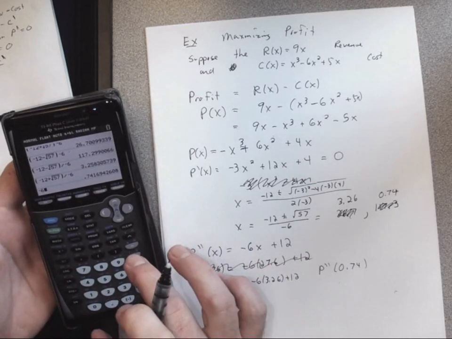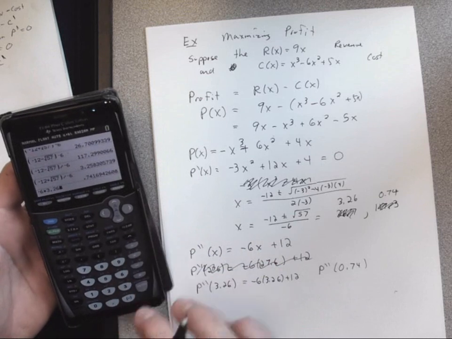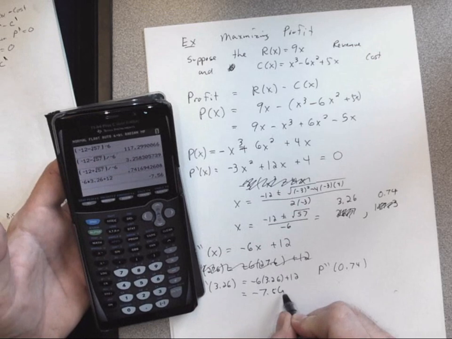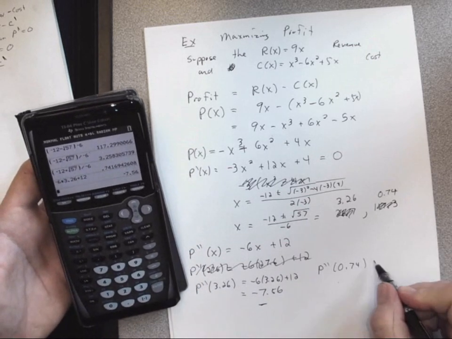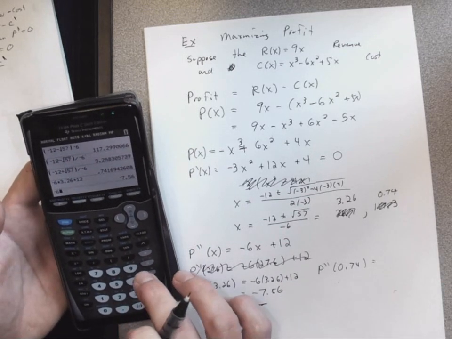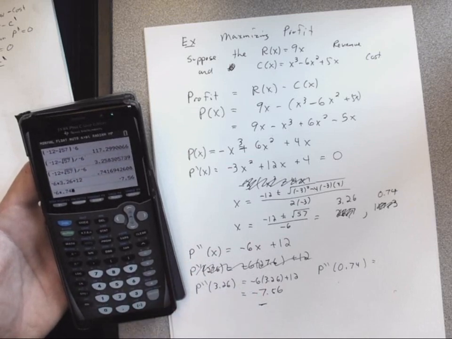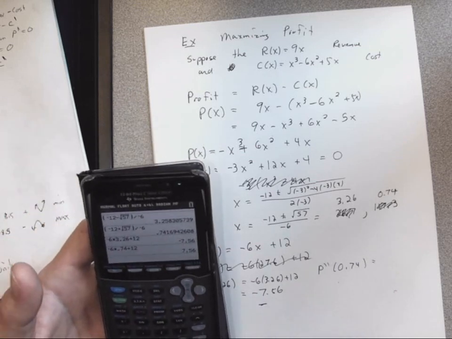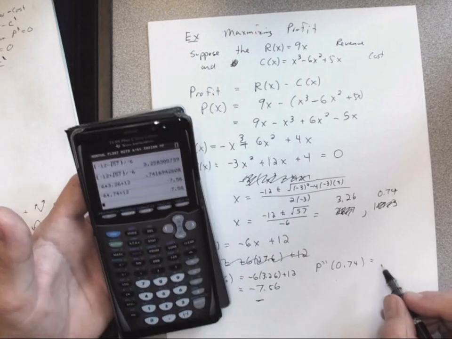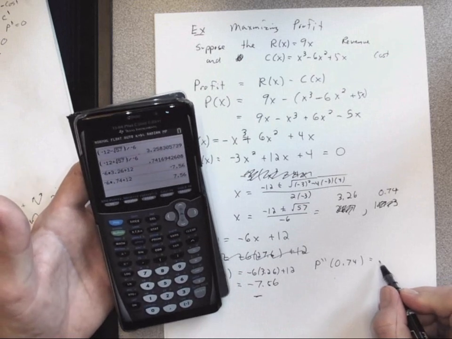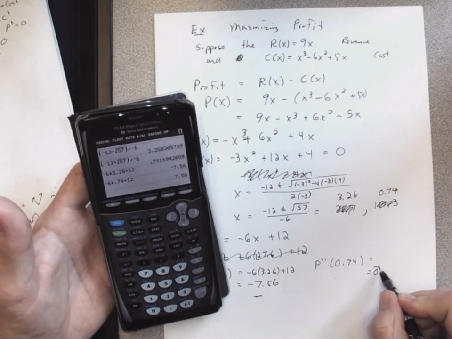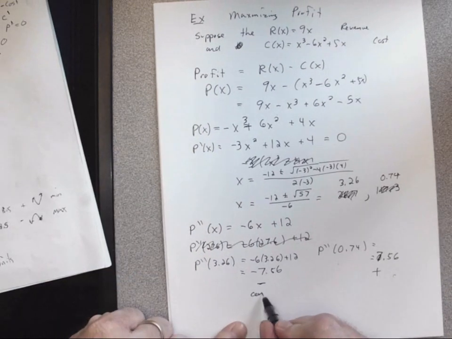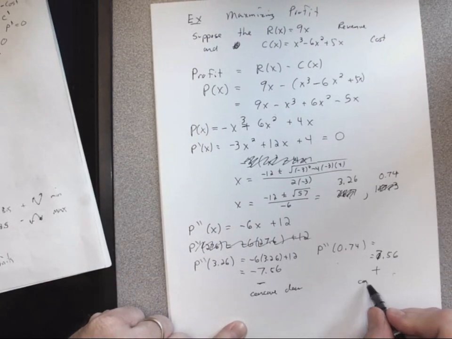Yep, this is negative 7.56. And for the other one, minus 6 times 0.74 plus 12. This is positive. This is equal to 7.56. So this one is positive. So what I have is this one is going to be concave down, and this is going to be concave up.